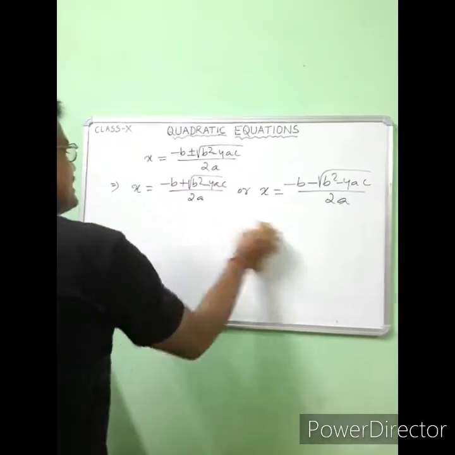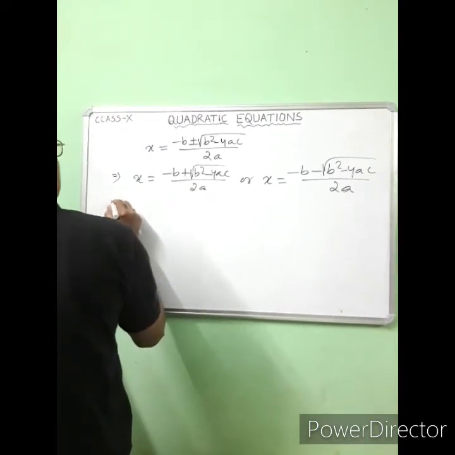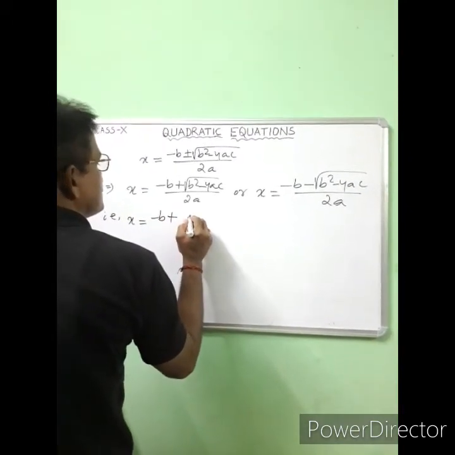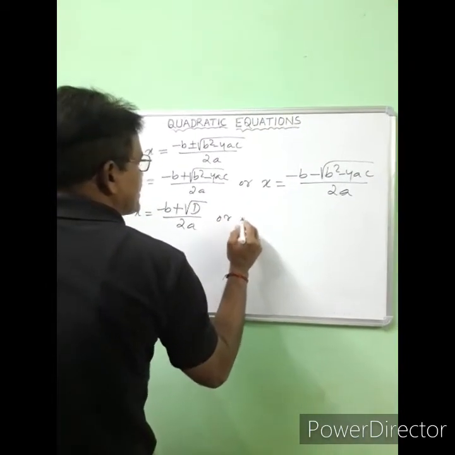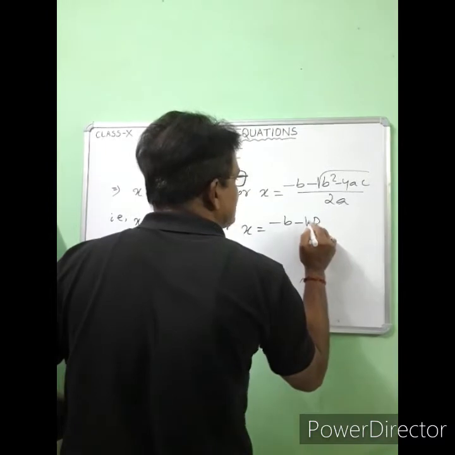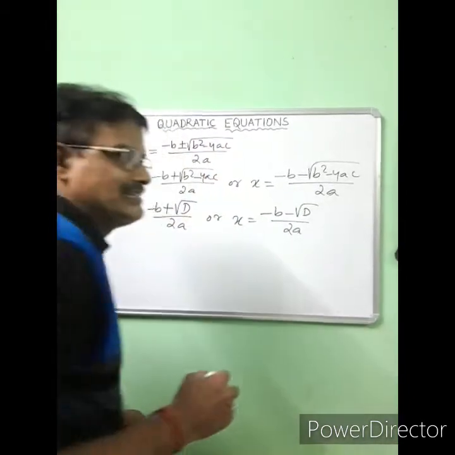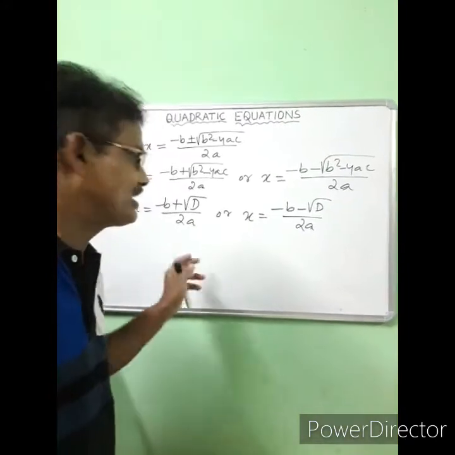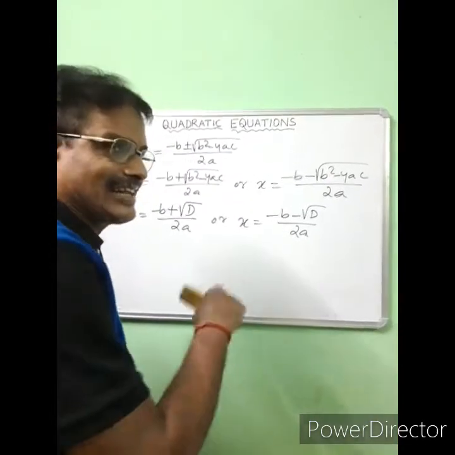So we can also write it like this: if D is equal to b square minus 4ac, then x is equal to minus b plus root D over 2a, or x is equal to minus b minus root D, that means root of the discriminant, over 2a. These are the two solutions, or two different roots, of quadratic equations. We have already discussed this in the last class.